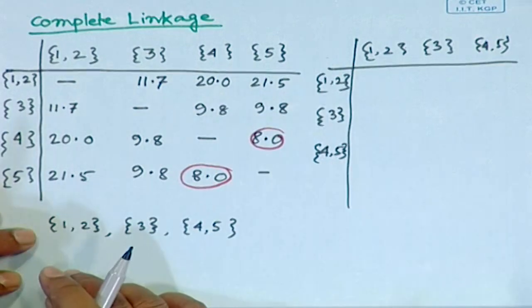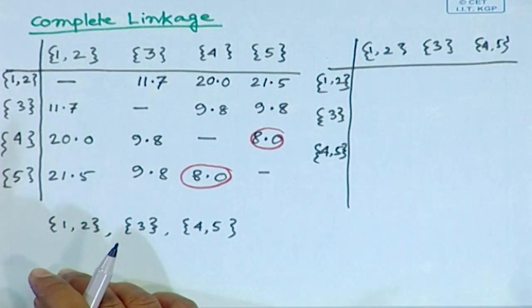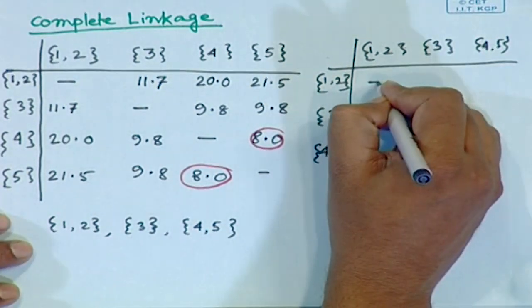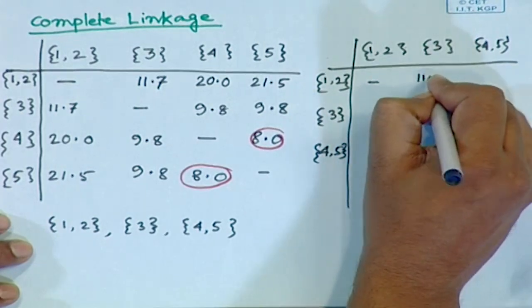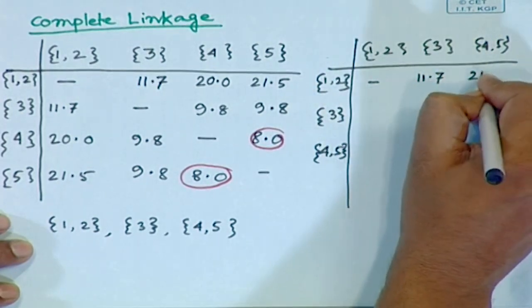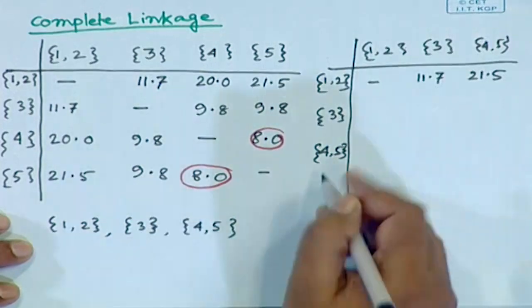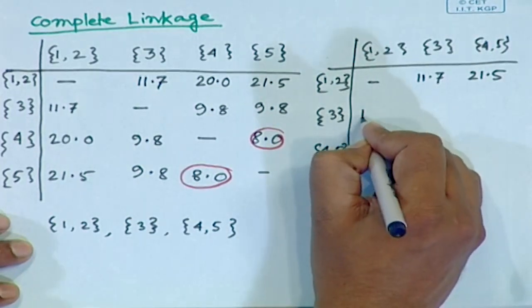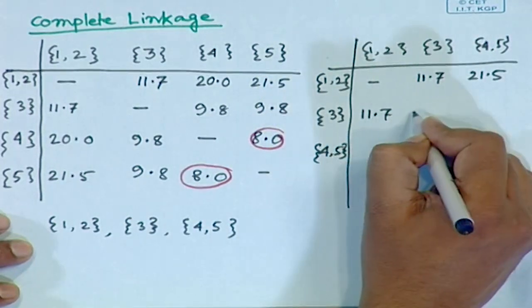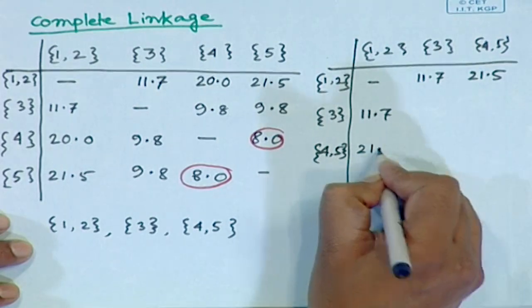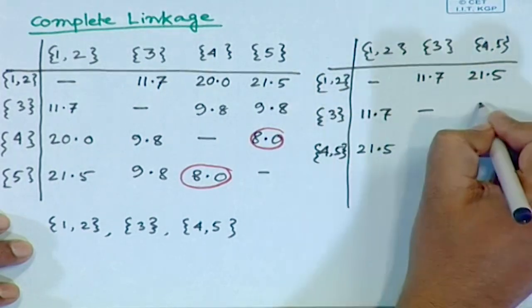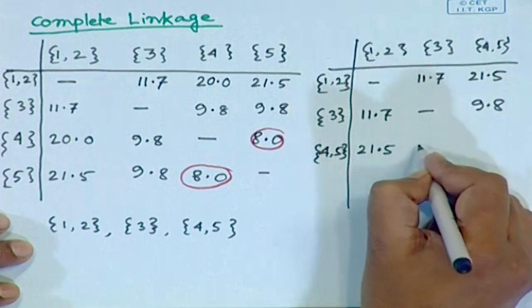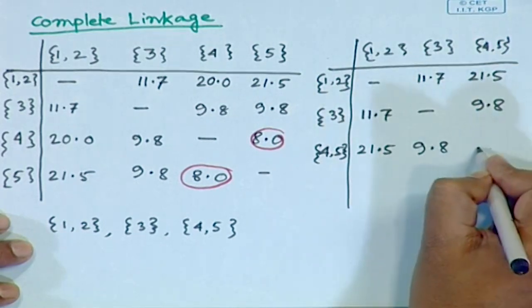Okay. And when you compute this distance, you find that the distance will be something like this: 11.7, 21.5. Then here also it will be 11.7, 21.5. Here the distance value will be 9.8. Here it is 9.8.